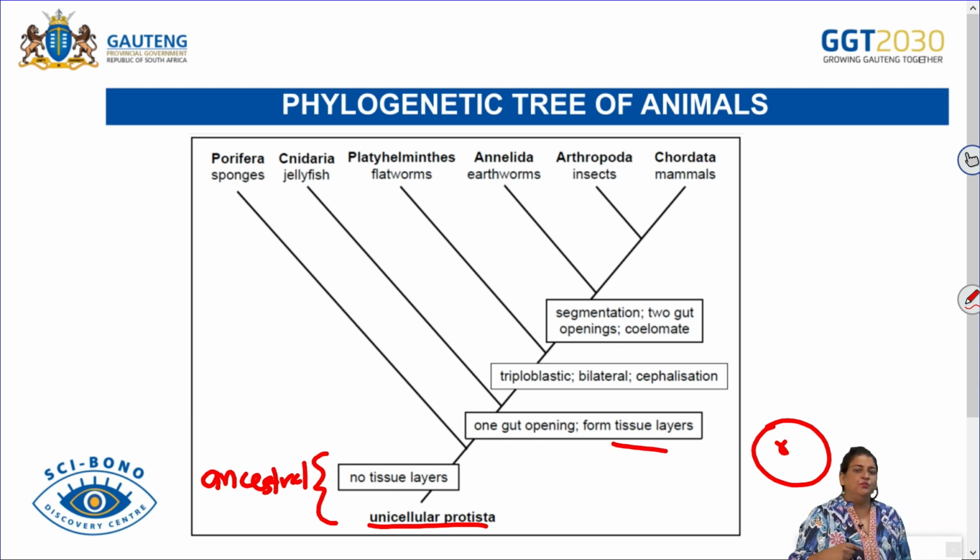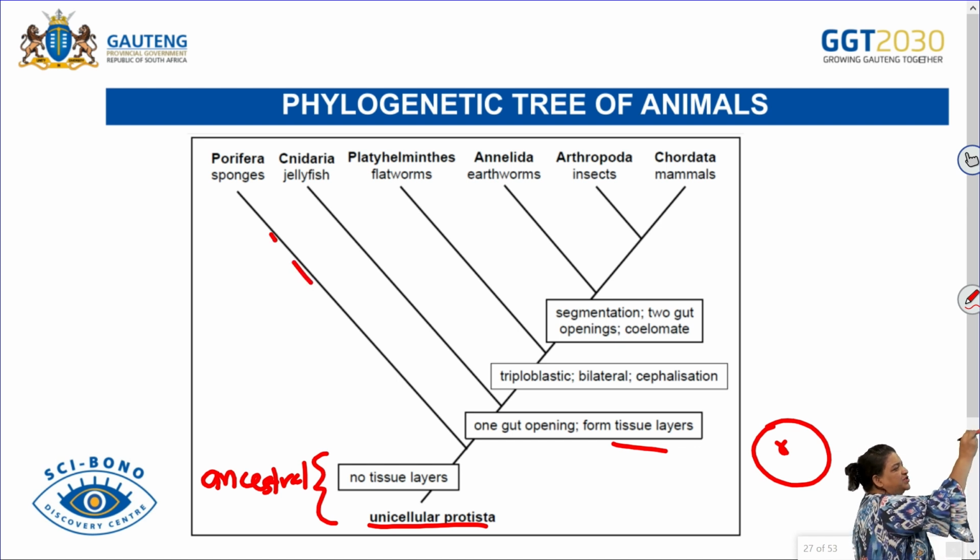Now you're getting a bit more cells. For example, now you're going to get your sponges. You see, one gut opening. Then from there, it's going to get more advanced. As time went on, there were more advanced animals like your jellyfish, which is your Cnidaria, also having one gut opening. So no tissue layer, sponges or Porifera.